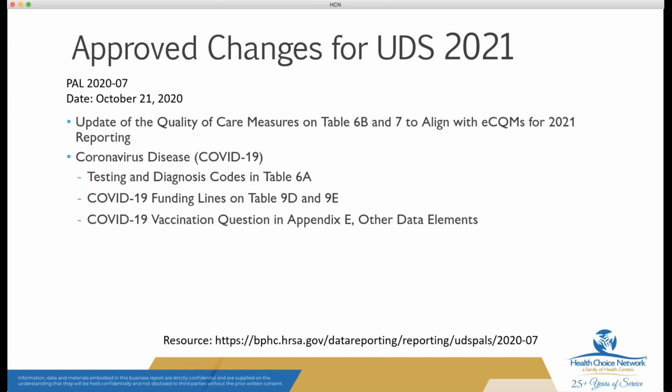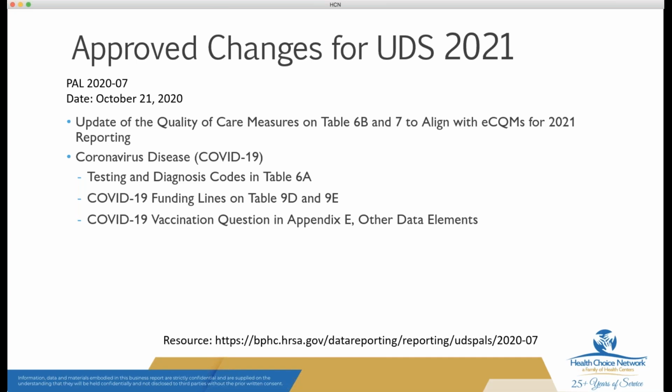So continued updates to the quality of care measures for Table 6B and 7 to continue to remain aligned with ECQM, and this is for 2021 reporting. And continued updates relating to coronavirus, starting with Table 6A with any new codes relating to testing and diagnosing.